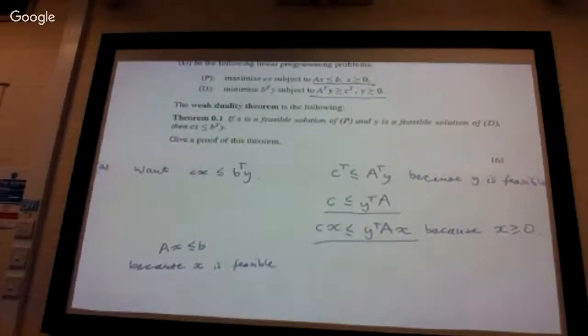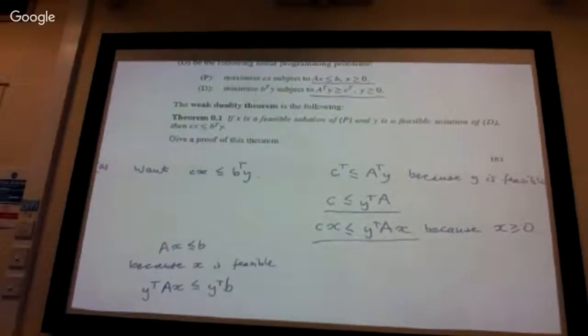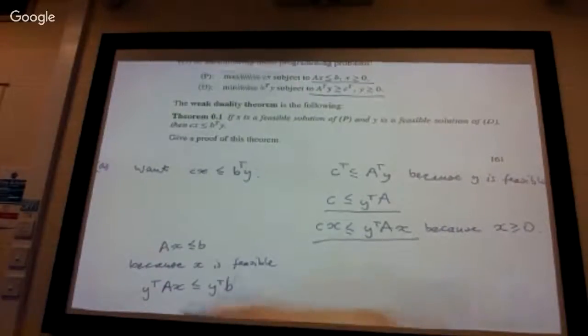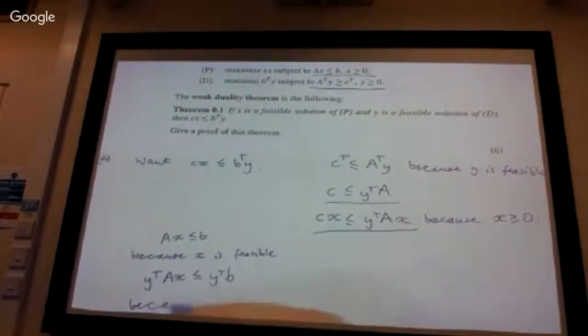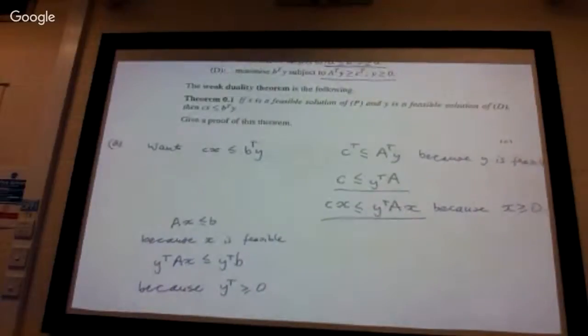And so by the same trick, you can do this because y or y transpose is greater than or equal to 0. So that's the same thing. Ax is less than or equal to b is a system of linear inequalities.